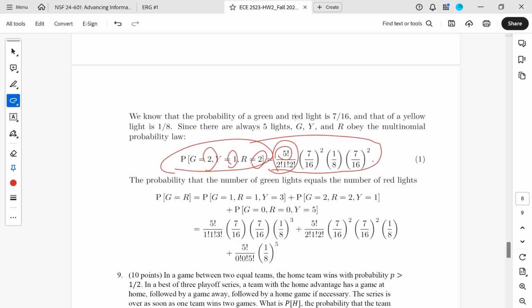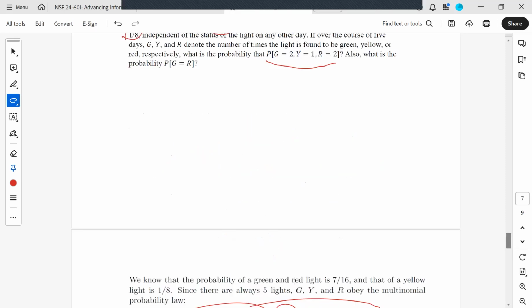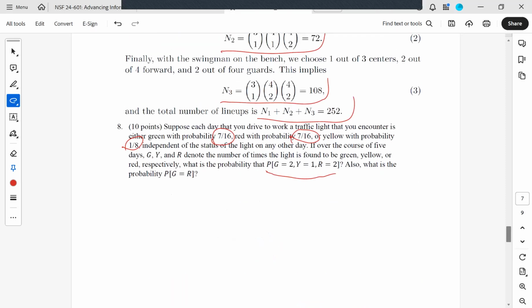Okay. Now, the second part asks what is the probability that the number of green lights and the number of red lights are similar out of those 5 observations. You have 5 choices, and those choices could be in 3 categories. What are the conditions where the number of green lights and red lights are similar?